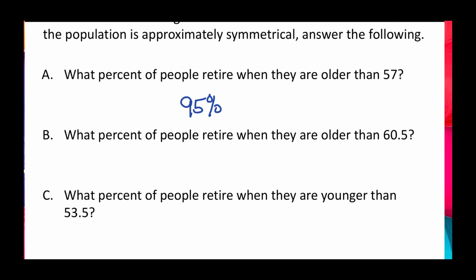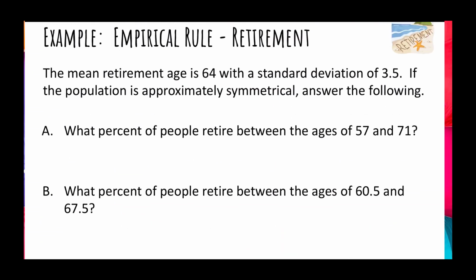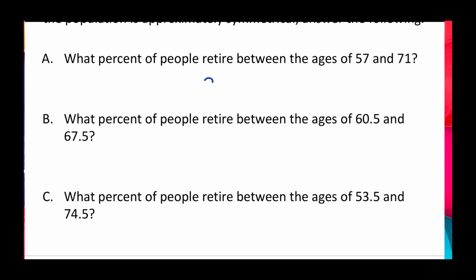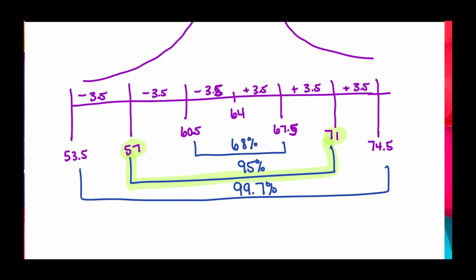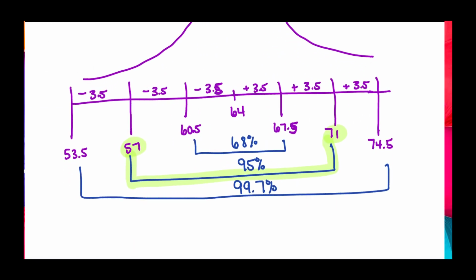And then it says what percent of people retire when they're older than, oops, sorry about that. I moved on to the wrong screen. Let me go back up here. This was 95%. And then what percent of people retire between 60.5 and 67.5? So that looks like it is 68%.